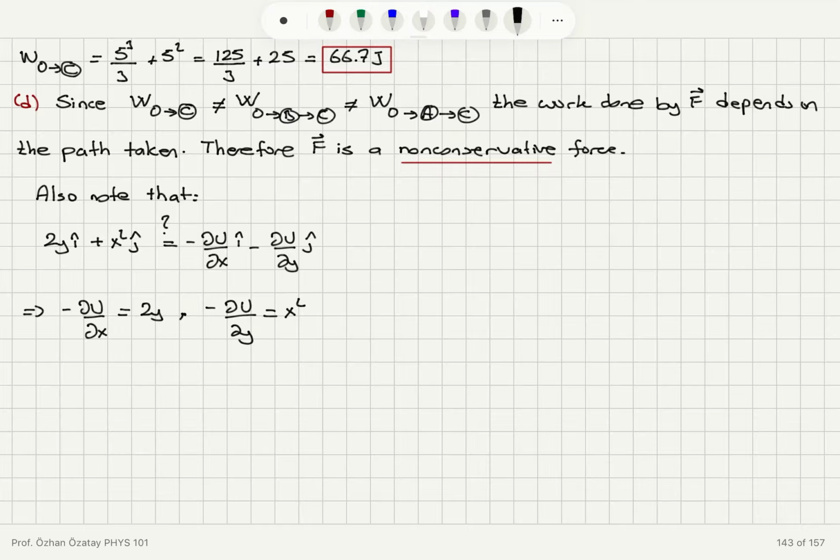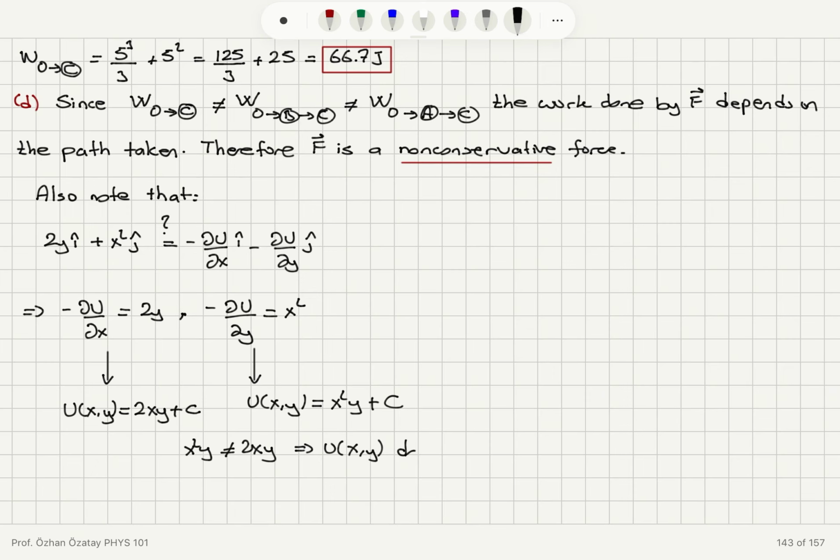So the potential energy function should be of the form 2xy plus possibly a constant c. And this tells me the potential energy function should be of the form x squared y plus a constant c. Since x squared y is not equal to 2xy, U of x, y does not exist.